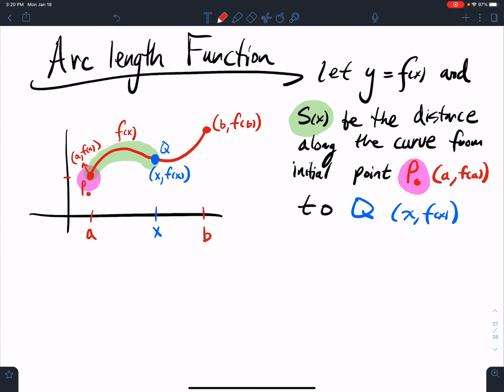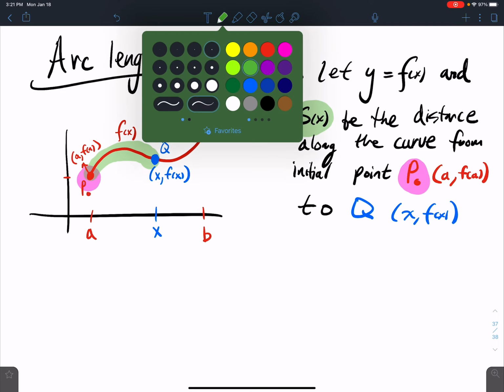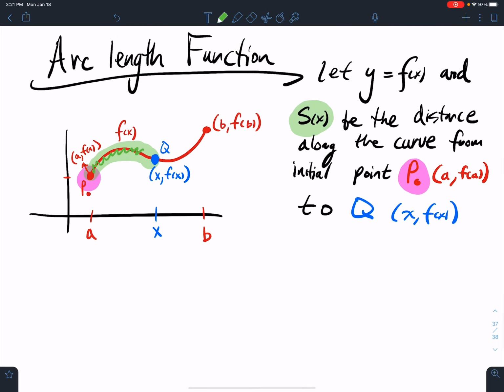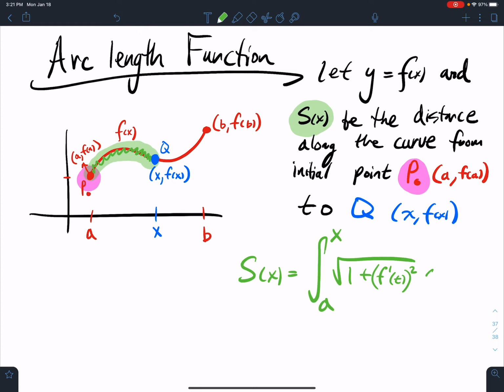Now, s of x is defined to be the integral from a to x, some arbitrary x, of the square root of 1 plus the derivative evaluated at the dummy variable t, squared, dt.